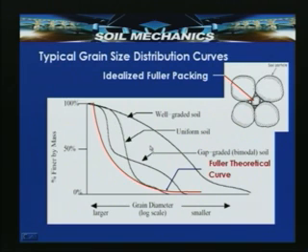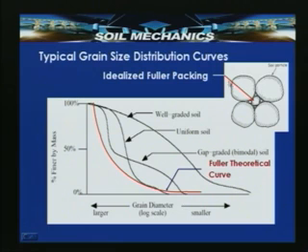Suppose you have larger particles and the voids are filled with smaller particles of different sizes. Then we say that this is an idealized Fuller packing, where the voids between the soil particles are filled with grains of different sizes.